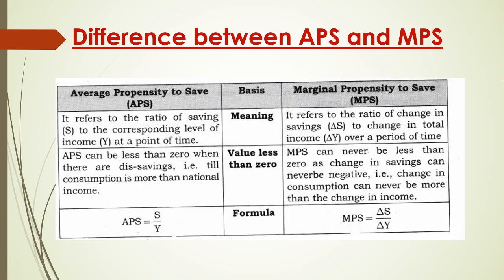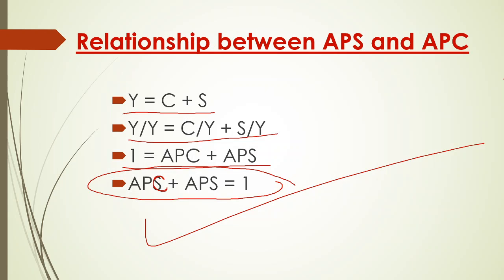So this is the difference table between APS and MPS. There are 3 differences which I have discussed with you, so please note it. Next is the relationship between APC and APS: if we sum up both, we will get 1.